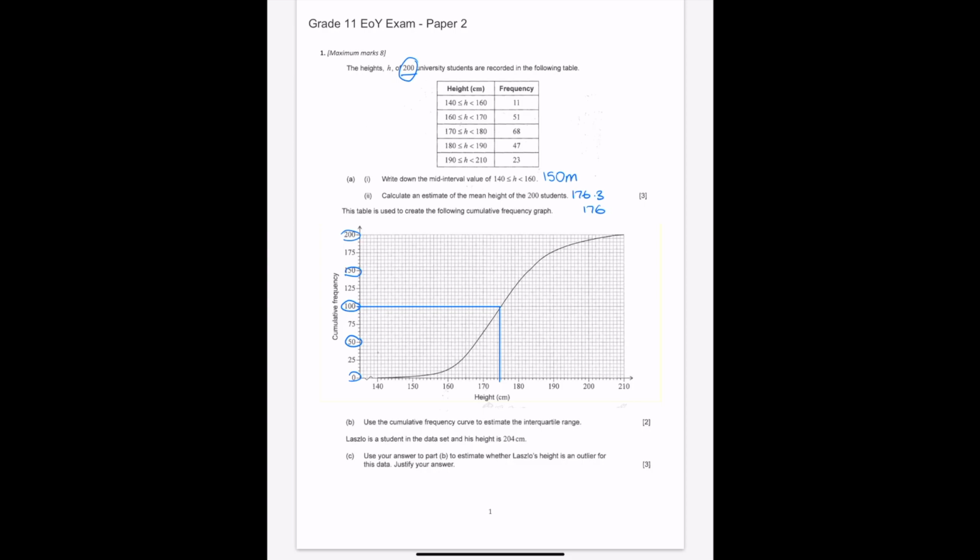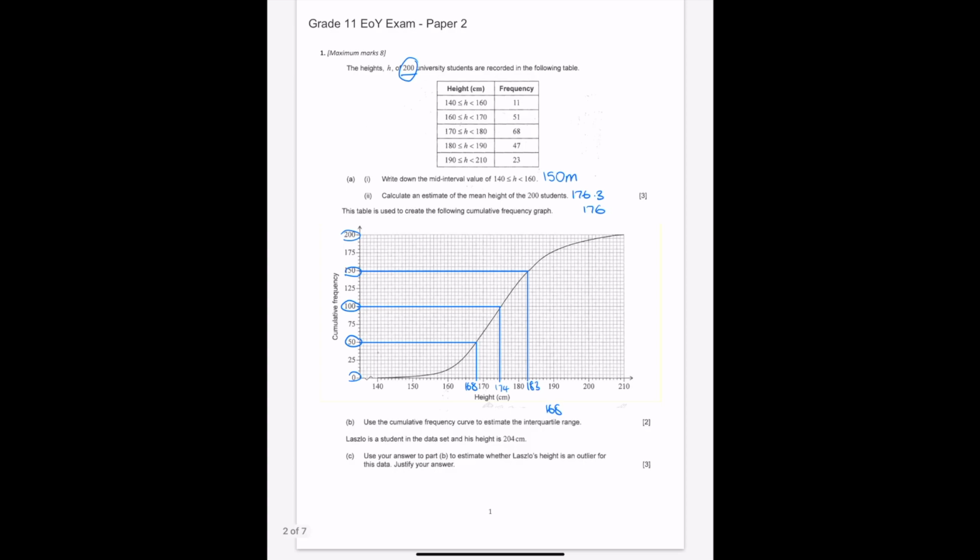You can see that the first one is, I think, 174, which is the median. Okay, so for the lower quartile, we want this point here, which if we pull down is 168. And then for the upper quartile, again, just going along to the curve and then coming down when we've reached that curve, that's 183.